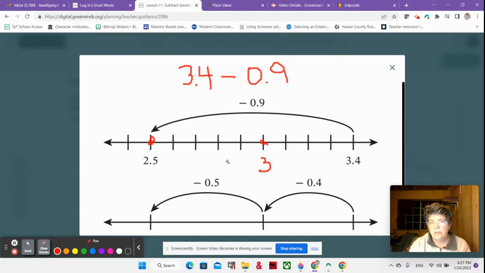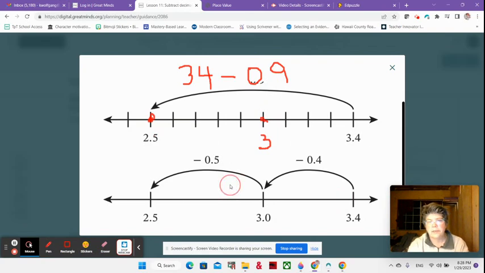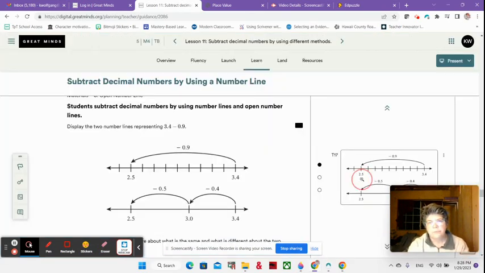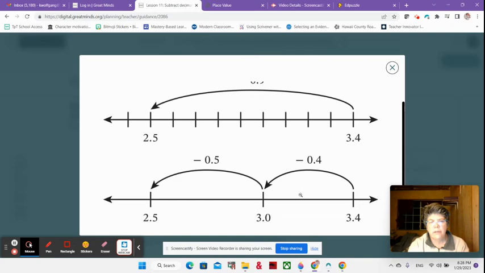All right, you could also use what we call an open number line. So here, I feel like there's a little bit more we could show on there. Okay, so 3 4/10, and then we're going to take away 4/10 and we're going to land at 3.